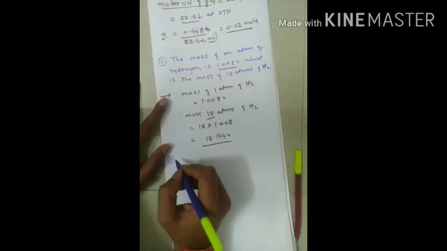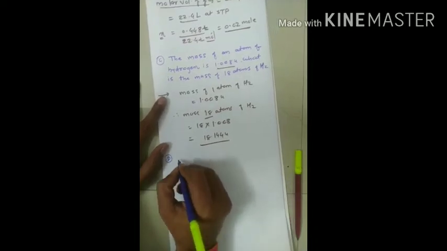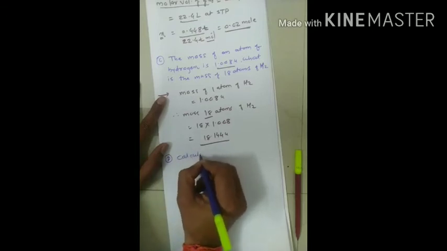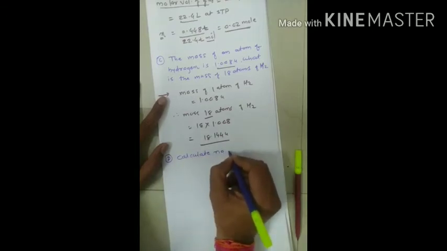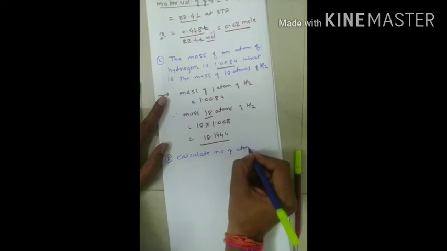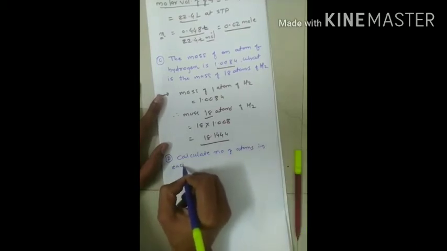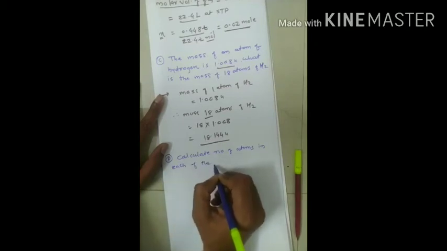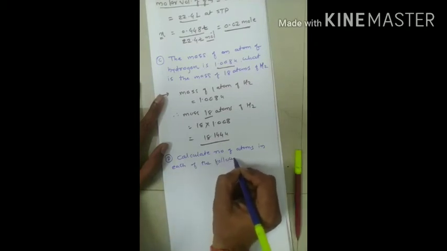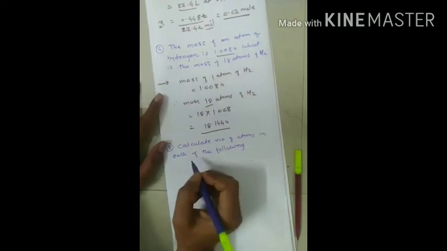This question is like this: calculate the number of atoms in each of the following. Actually two cases are given.